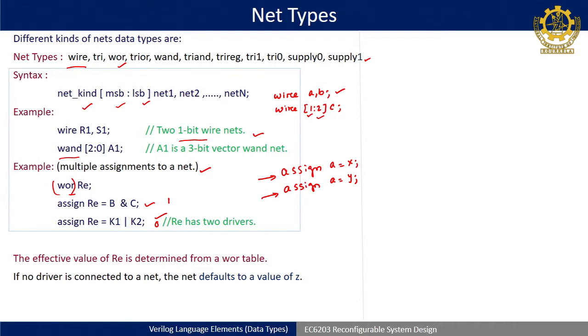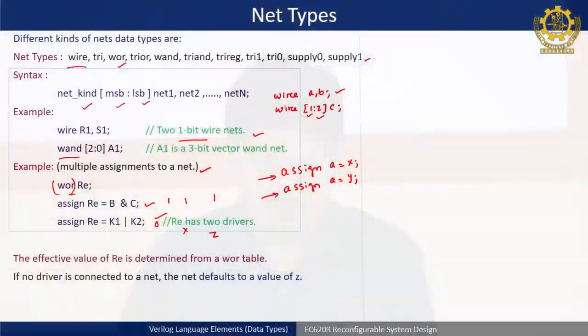Similarly, there are other situations, like sometimes it is 1 x, or 1 z. So, what will be the different values? For that we have to refer to the standard table supported in the Verilog language. If multiple assignment is there, the summary is that we can't use wire as a data type. Here we have written that the effective value of RE is determined from the wor table.